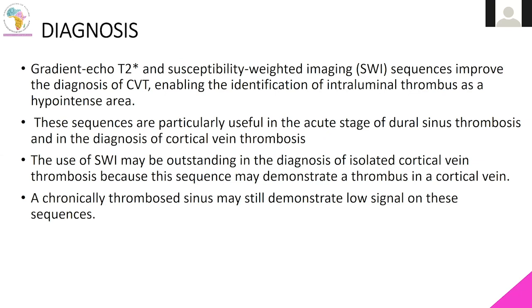The use of susceptibility weight imaging, or SWI, may be outstanding in the diagnosis of isolated cortical vein thrombosis because this sequence may demonstrate a thrombus in a cortical vein. A chronically thrombosed sinus may still demonstrate low signal on these sequences.